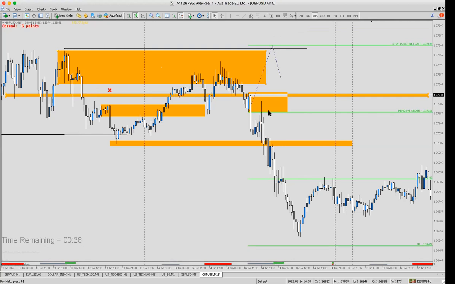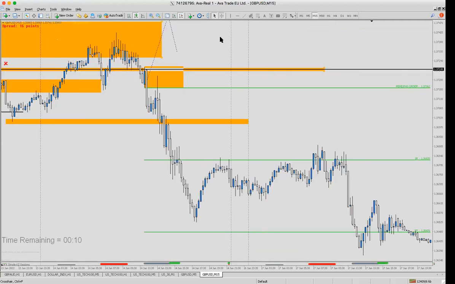I recommend 1% risk, then that's 1% gain, 2% gain. But that's 33 pips. Okay, and that was 68 pips. It went further, so it was 68 pips to 2-to-1 risk reward.